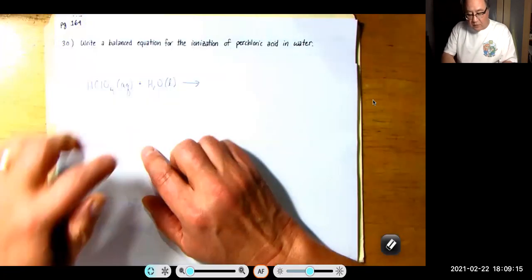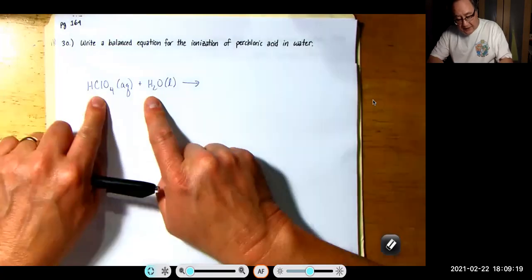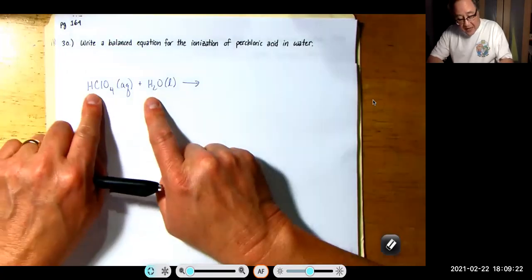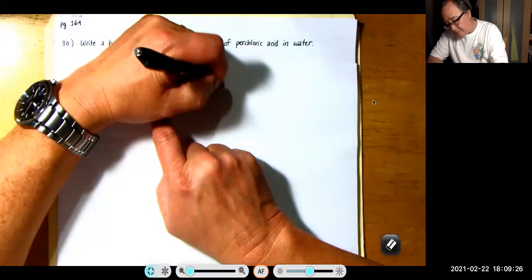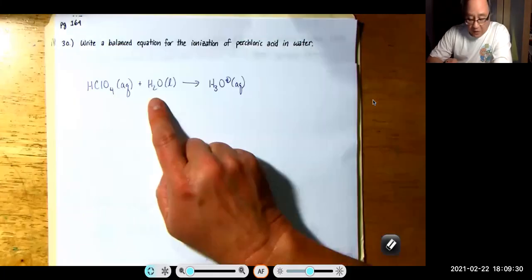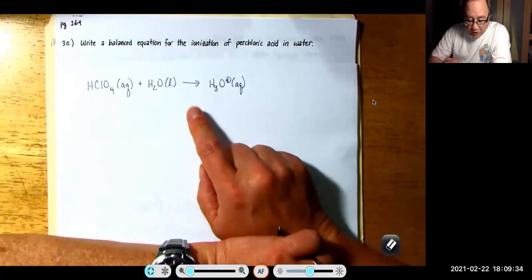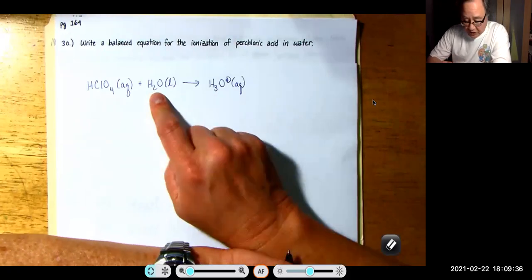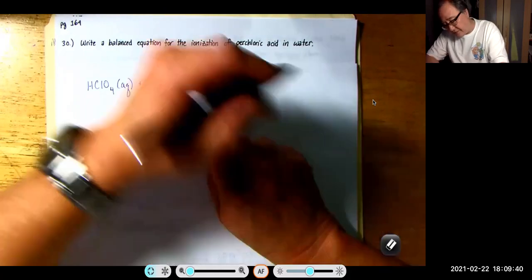So we're showing it reacting with water, and when it ionizes, it loses an H+, and that H+ adds to water. If you have an H+ add to water, you're going to have 3 hydrogens. And because water is neutral and H+ has a +1 charge, you'll have H3O+, and this is called the hydronium ion.